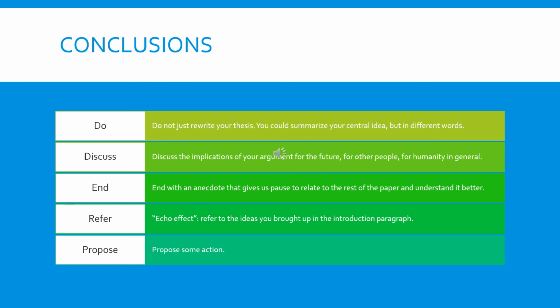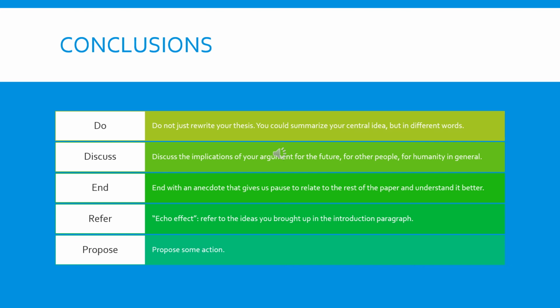You could end with another anecdote that gives us pause to relate to the rest of the paper and understand it better. So you could end with an anecdote about marriage, or about animals, or about McDonald's, some small story that will kind of close us out and provide that sense of closure. You could refer to the ideas you brought up in the introduction paragraph, which is called an echo effect.